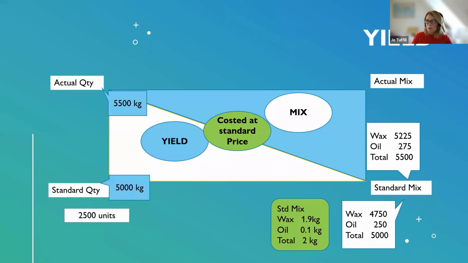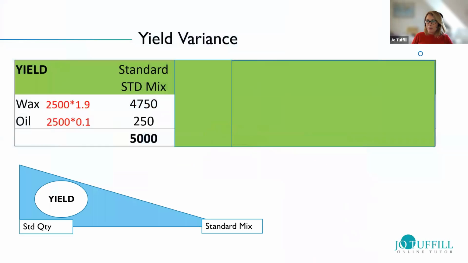The actual quantity in the standard mix we'd already calculated previously for the mix variance. So we're using that again. So you will be using the actual quantity in the standard mix for both the mix variance and the yield variance. That's the one that links the two. That's like the middle of the split, if you see what I'm saying. Okay, so let's now do the yield variance.